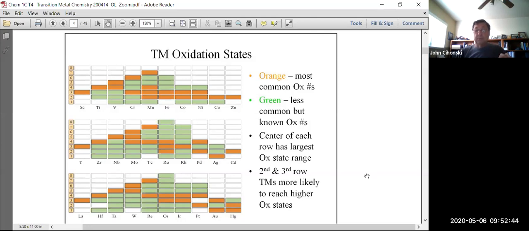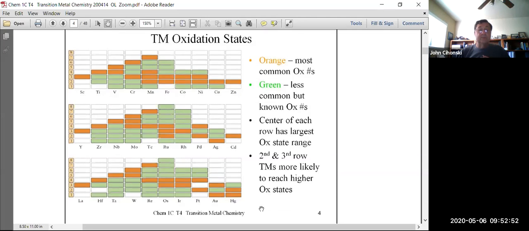So, for example, maybe chromium 1, okay? That's unstable, it wants to be reactive. So if you're going to make a compound with chromium 1, it has to be under conditions where that species cannot react.